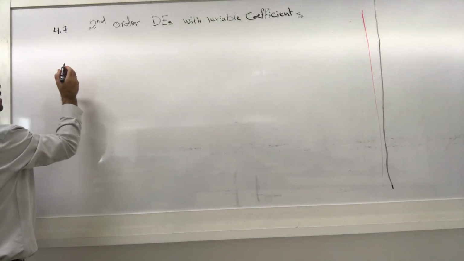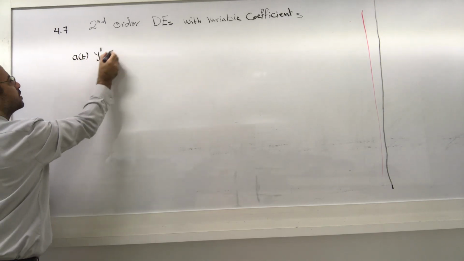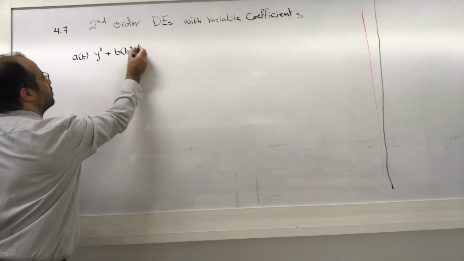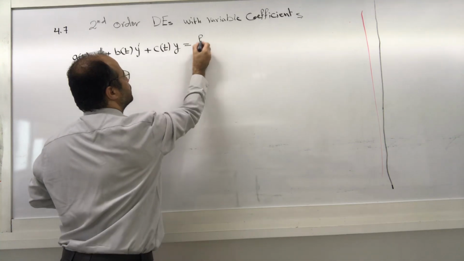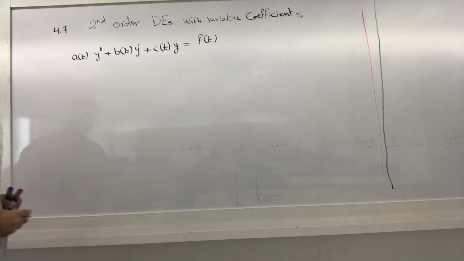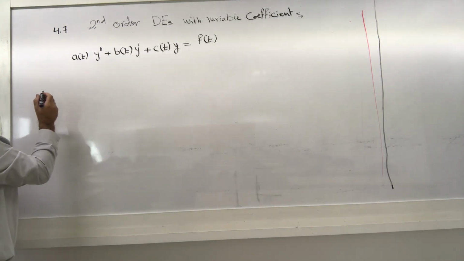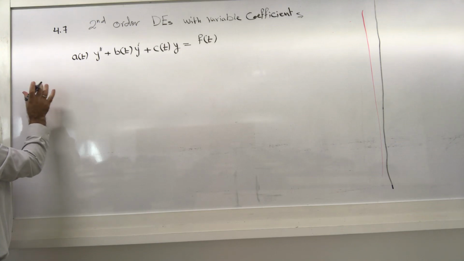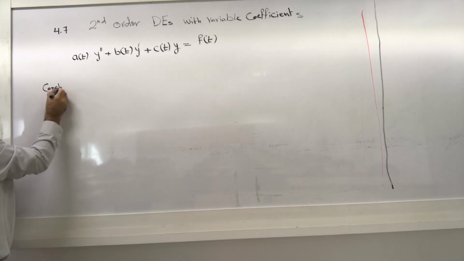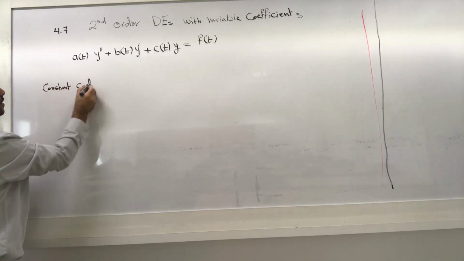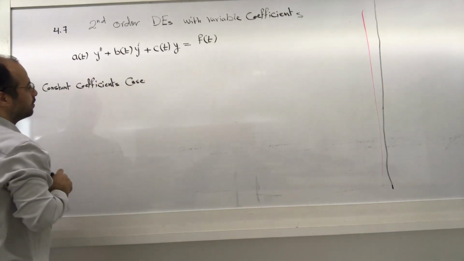So the equation has the form a of t y double prime plus b of t y prime plus c of t y equal function of t. Now, just to remind you that we already studied the constant coefficient case, already done.